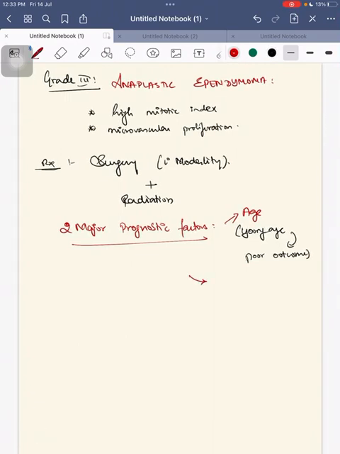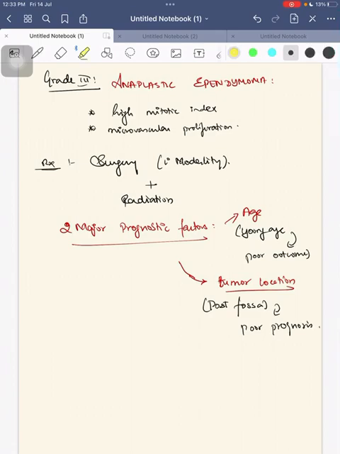Second, tumor location. When the location is in the posterior fossa, there will be a poor prognosis. This is about the ependymoma.